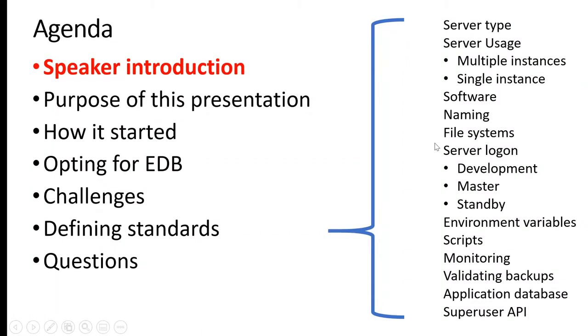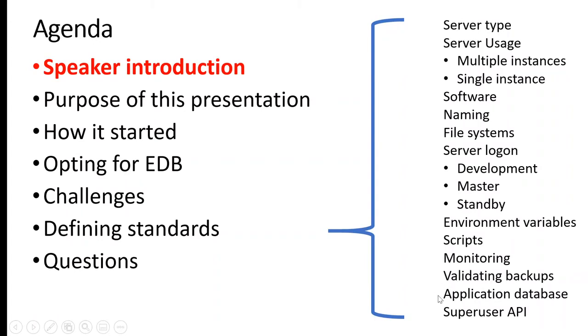File systems. I'm going to talk about server logon on the three types of servers we have, how to set the Postgres environment, how we do scripting and what scripting we do by standard. I'm going to talk a little bit about the monitoring, how we validate backups.